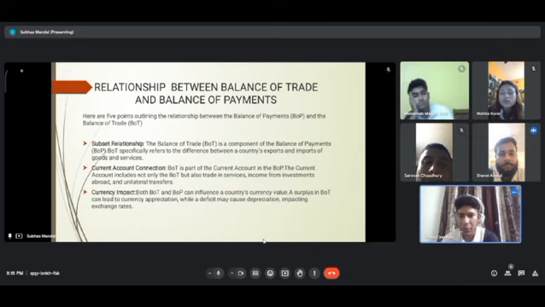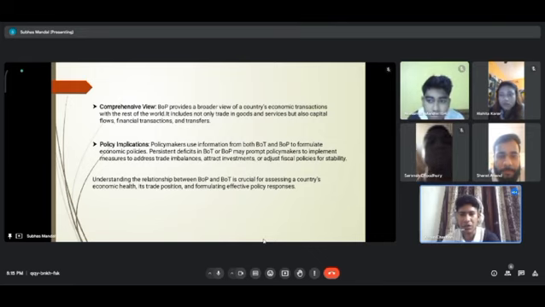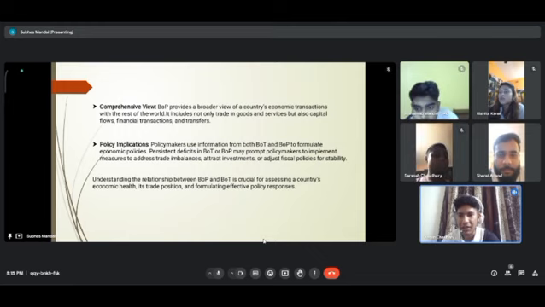Currency impact. Both BOT and BOP can influence a country's currency value. A surplus in BOT can lead to currency appreciation, while a deficit may cause depreciation, impacting exchange rates. Comprehensive view. BOP provides a broader view of a country's economic transactions with the rest of the world. It includes not only trade in goods and services but also capital flows, financial transactions, and transfers.